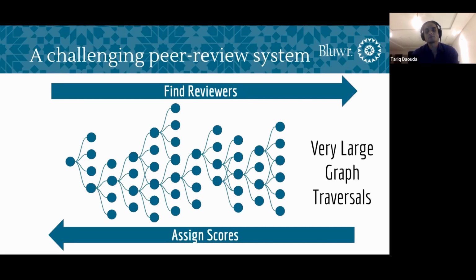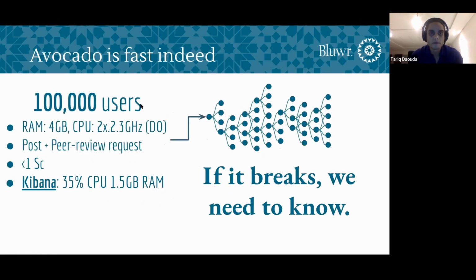To find the reviewers, we basically have to traverse all that graph and find the best reviewers for a certain post, and then traverse the graph in the opposite direction to assign scores to the best posts, the best authors, and also the best reviewers. And this query can get extremely large.